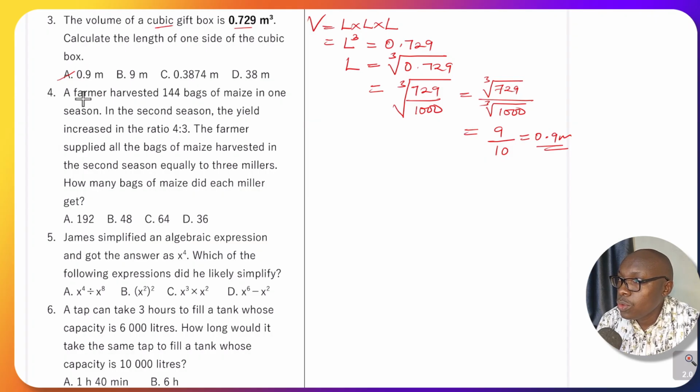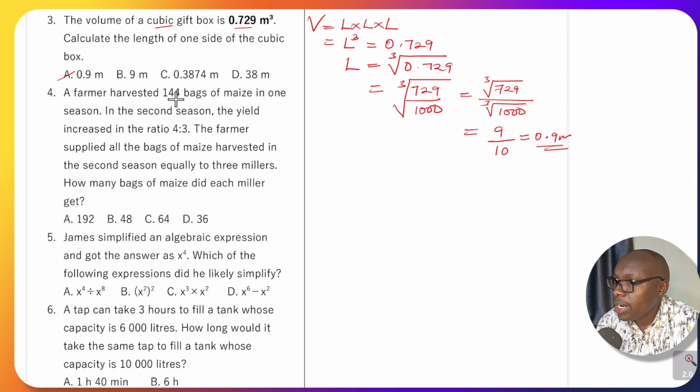Now we go to question 4. A farmer harvested 144 bags of maize in one season. In the second season, the yield increased in the ratio 4:3. The farmer supplied all the bags of maize harvested in the second season equally to 3 millers. How many bags of maize did each miller get?